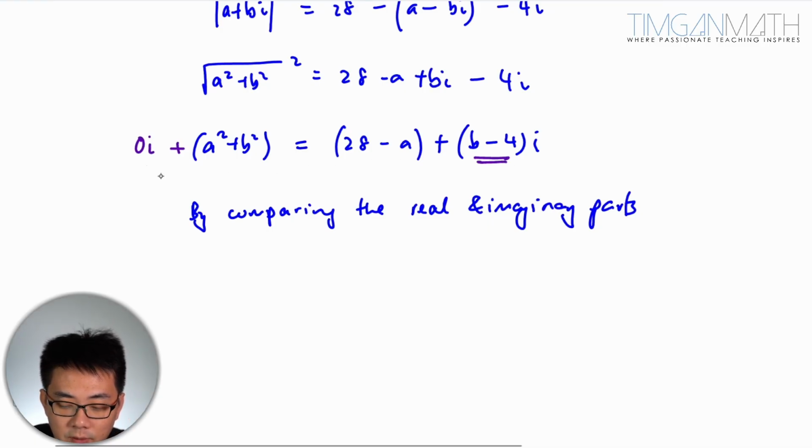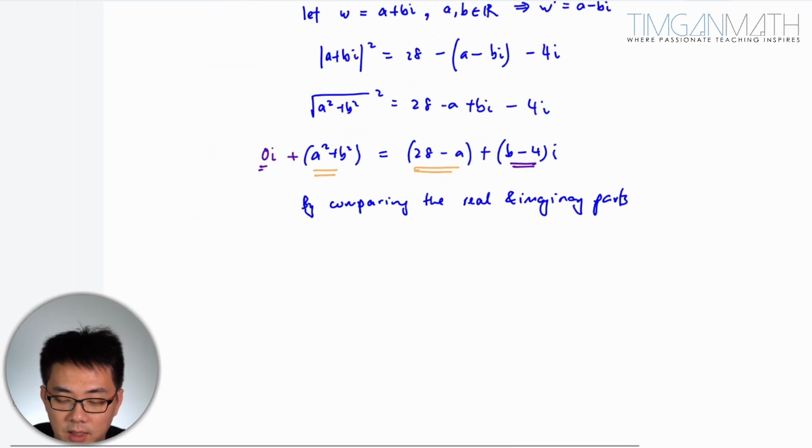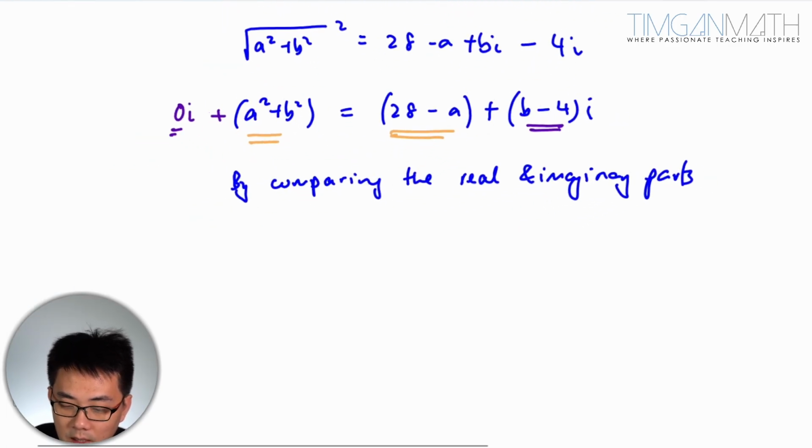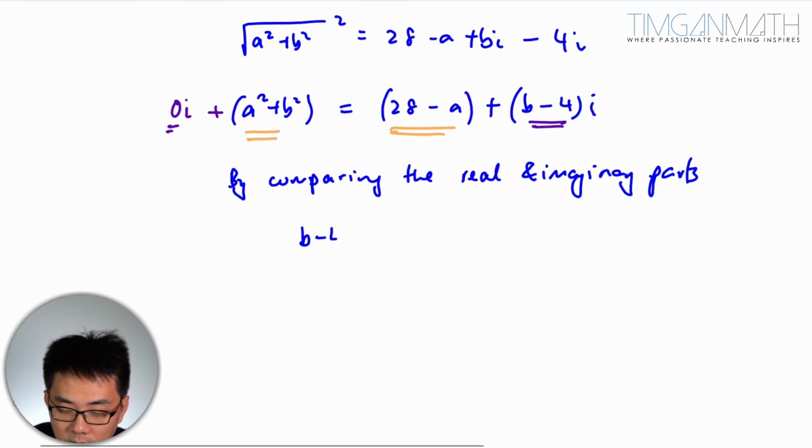So b minus 4 is equal to 0. And the other one is 28 minus a equals a squared plus b squared. So b minus 4 equals 0, which means b equals 4.